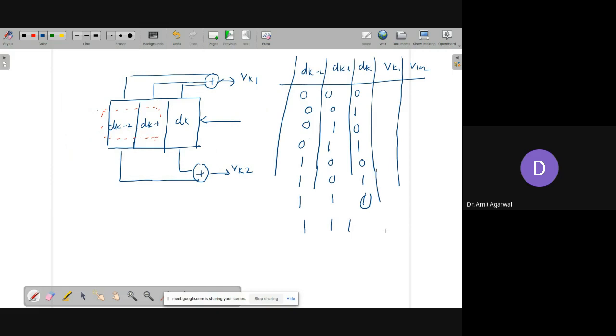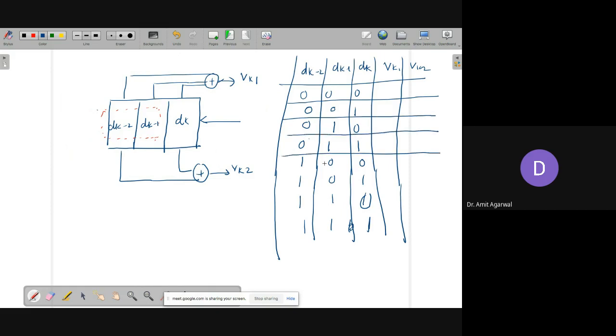So these are 8 possible combinations. And for each such combination, we know the value of vk1 and vk2, because we know the mapping or the arithmetic which we have defined here. So we can make a table like this.